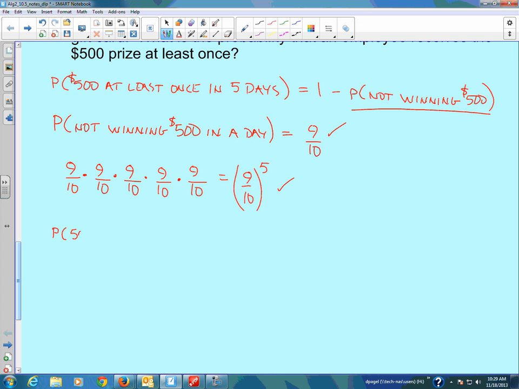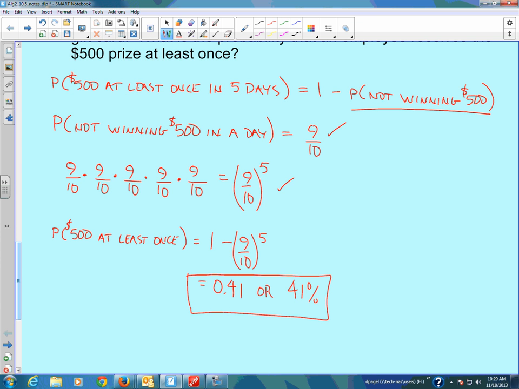Probability of $500 at least once would equal 1 minus the probability of not winning it at all, which we said was 9/10 to the 5th power, and this became 0.41. Or again, we could express a percentage for probability as well.